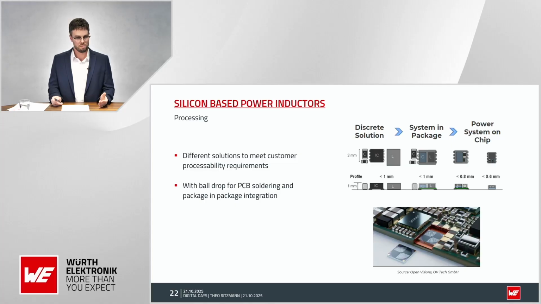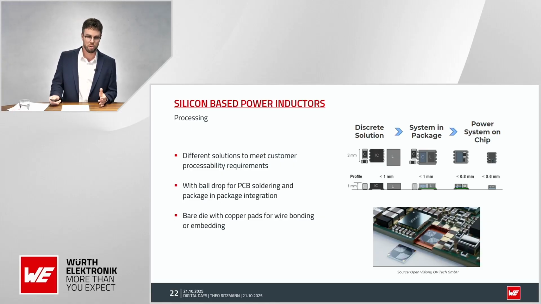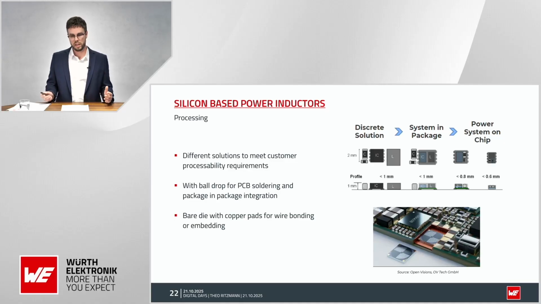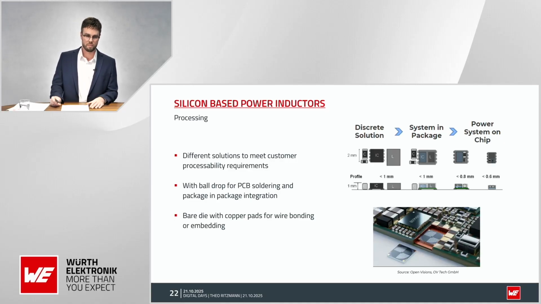Also, the chips could be directly ordered as bare dies with copper pads for wire bonding integration, or they could be directly embedded into the PCB design. And the flexible integration possibilities also allow for a chiplet approach.